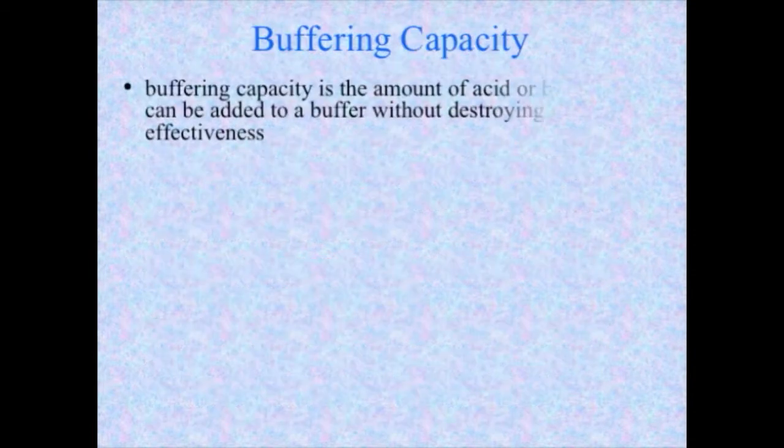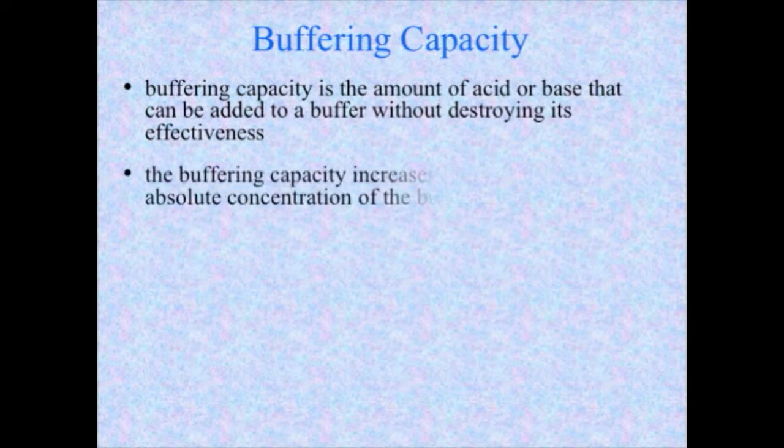Let's look at buffering capacity first. The buffering capacity is the amount of acid or base that can be added to a buffer without destroying its effectiveness. The buffering capacity increases with increasing absolute concentration of the buffer components. The more concentrated a solution is in the buffering components, the more buffering capacity for that buffer.